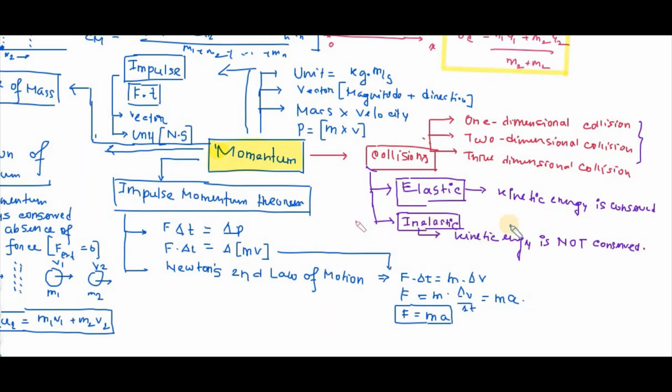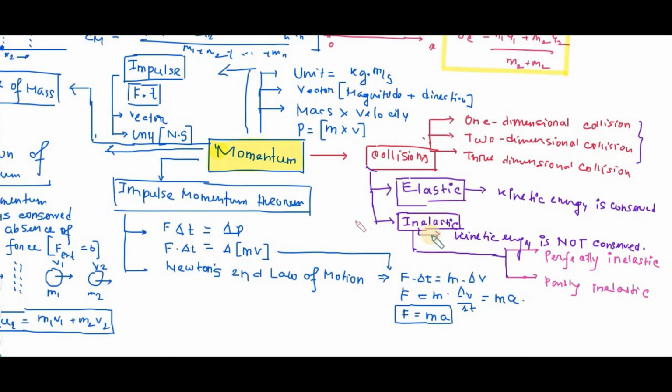Kinetic energy conservation means that the total kinetic energy of the system before and after the collision remains conserved; that represents an elastic collision. If it is not conserved, it represents an inelastic collision. In an inelastic collision, there is a certain loss in kinetic energy, which can be explained in terms of thermal energy loss and sound energy loss.